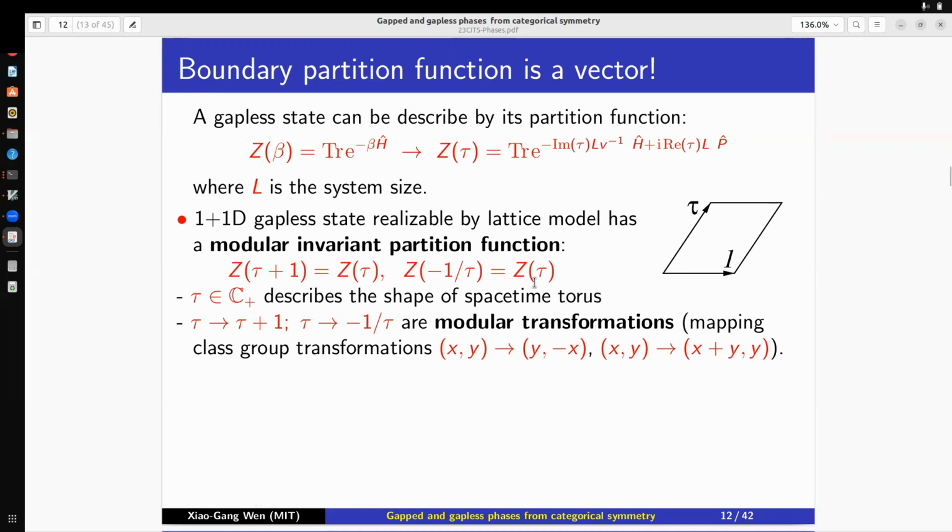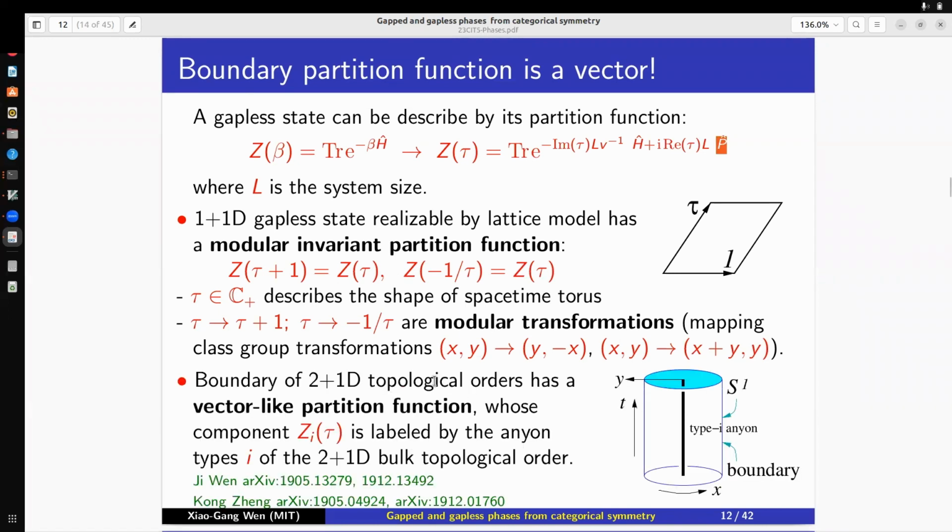Again, see, this is as well. This is like a 90-degree rotation. Okay. So we call this the modular invariant partition function. And that's the usual standard result: conformal field theories are described by modular invariant partition functions.